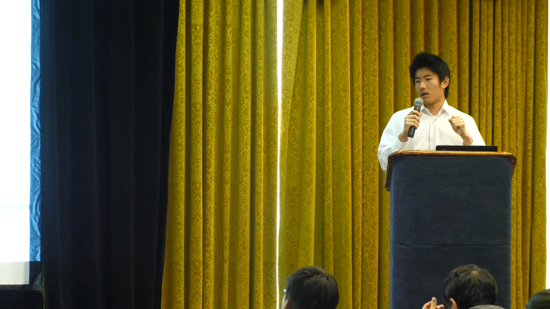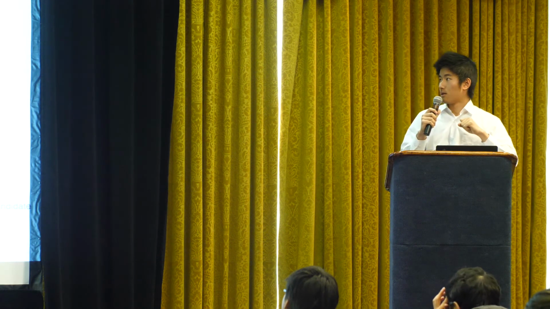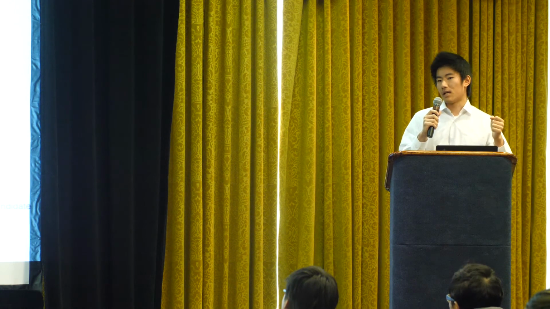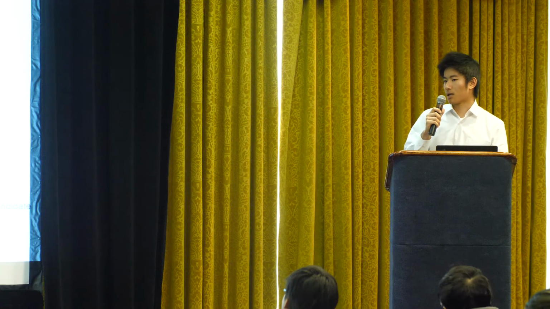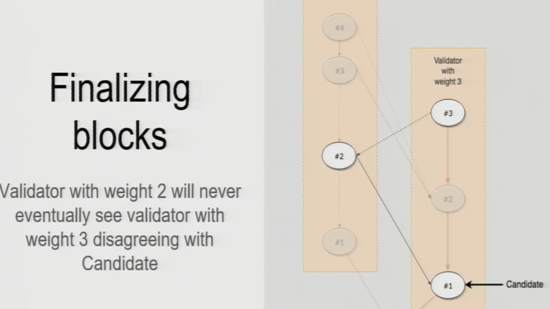the latest block that the left validator sees in the right validator is the grayed out number 2 block. And so we want to look at all the blocks above that. And we want to check if all those lead back to the candidate. And in this case, it does.